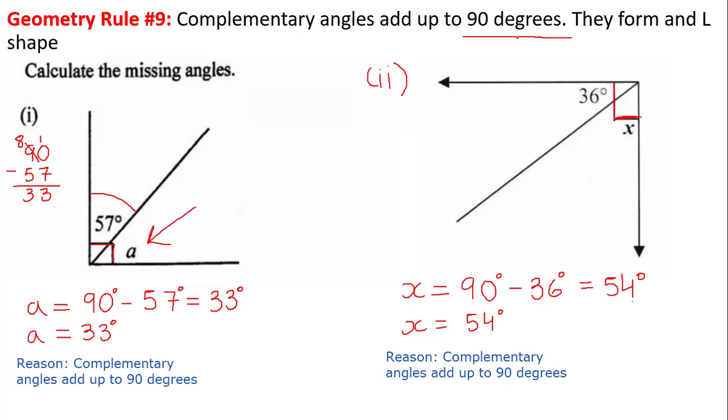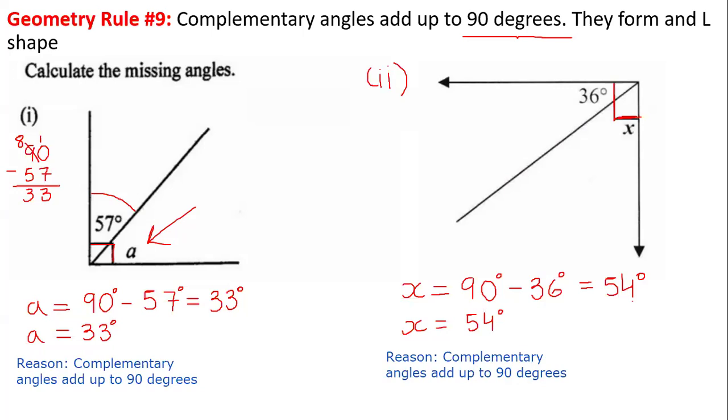So we're going to be looking at different examples. Mr. Petit, is this all the rules? Yes, sir. I can't think of any other rules right now. Supplementary angles, that's angles that are on a straight line, out of 180 degrees.